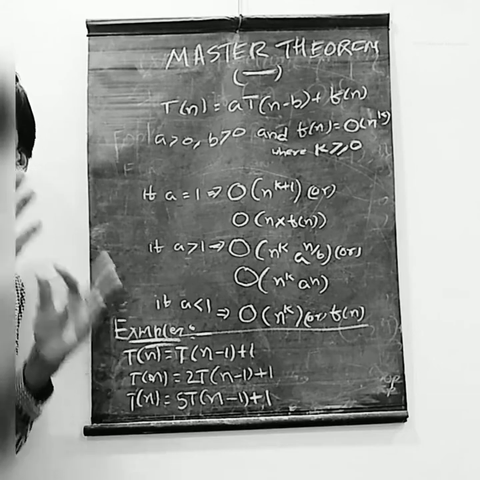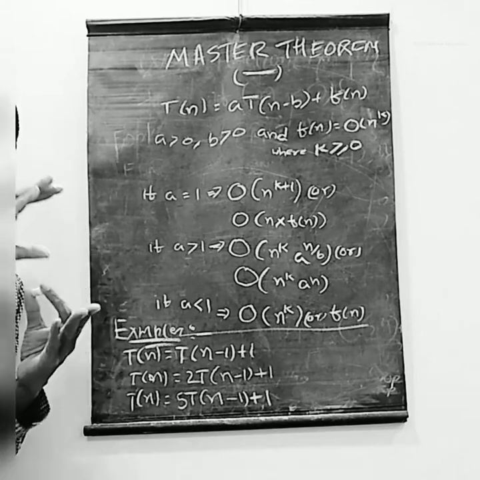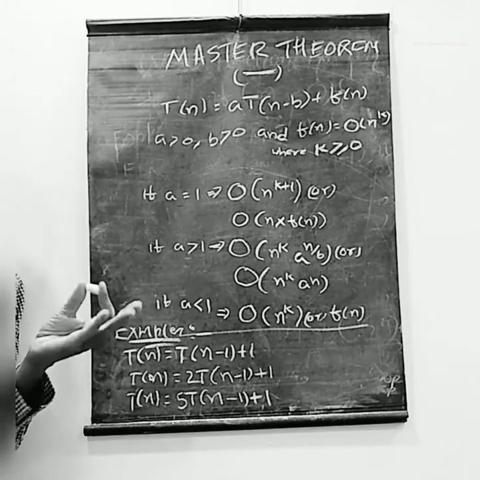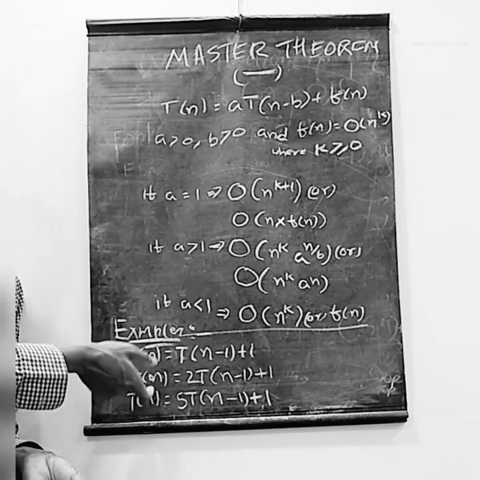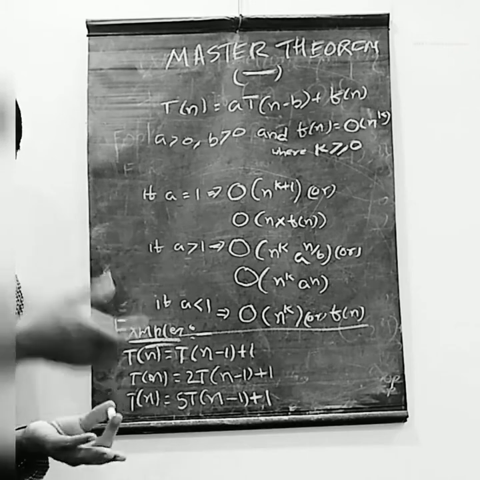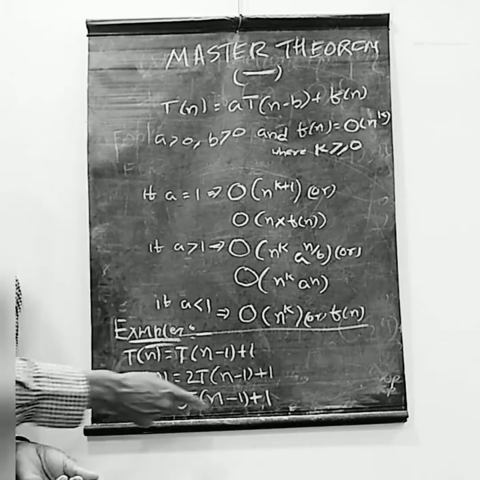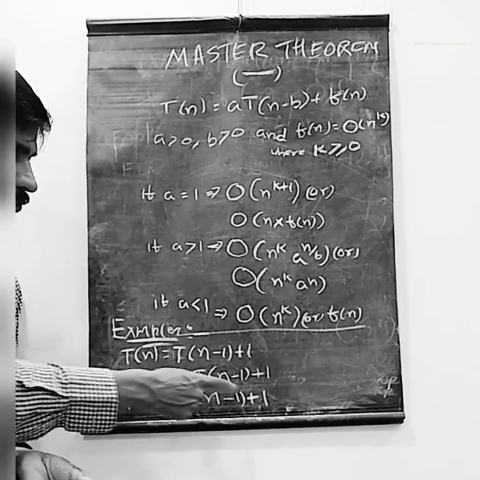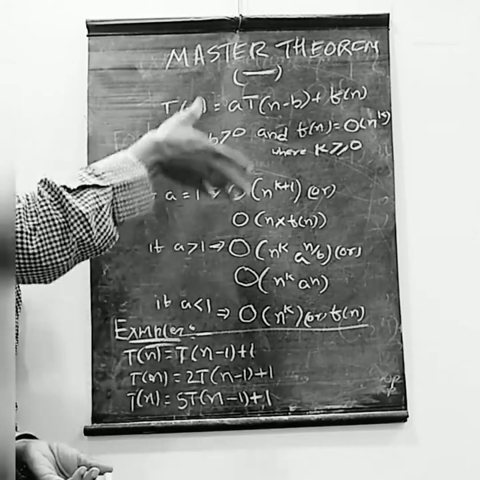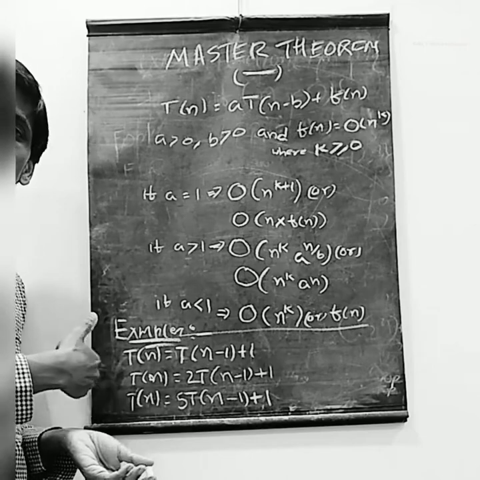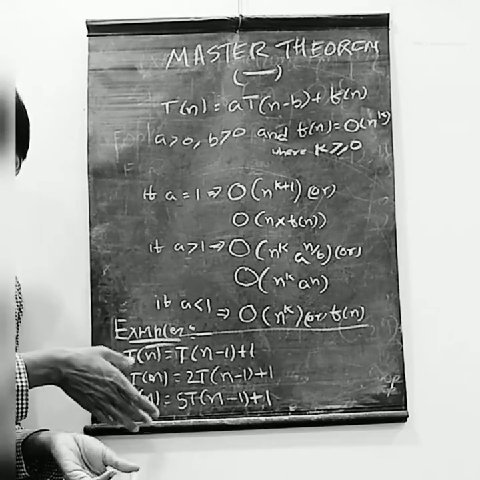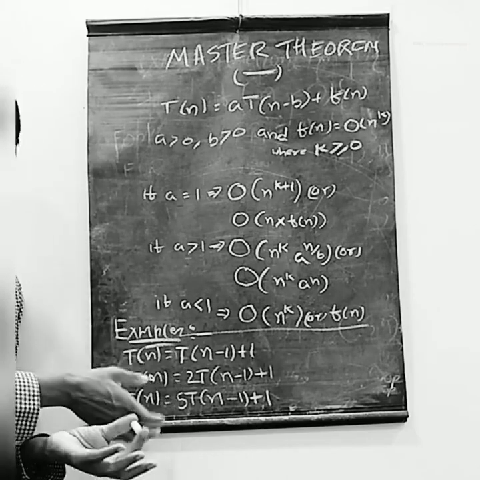So whenever you have a recursive program, the first thing we need to do is identify the recurrence relation for that particular program. We already learned that. So whenever you see this kind of recursive program, first try to write down the recurrence relation for that program.